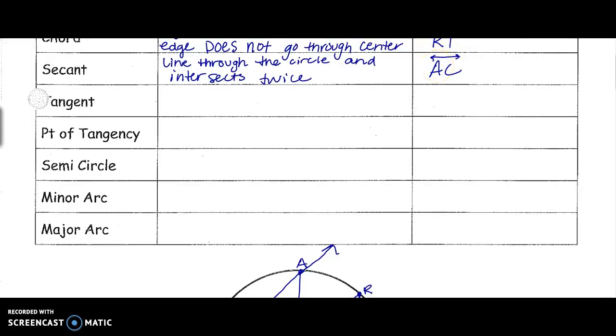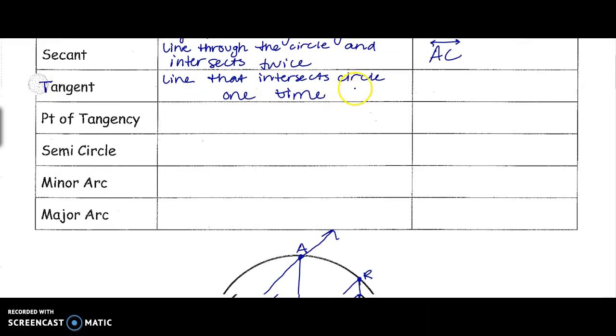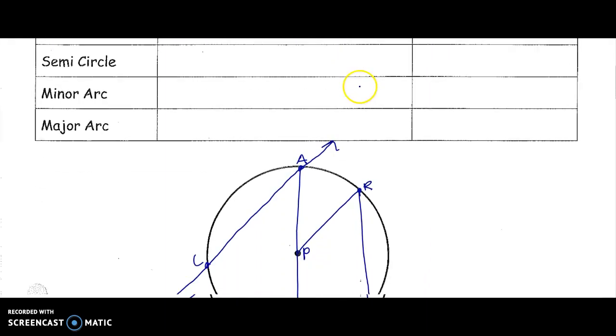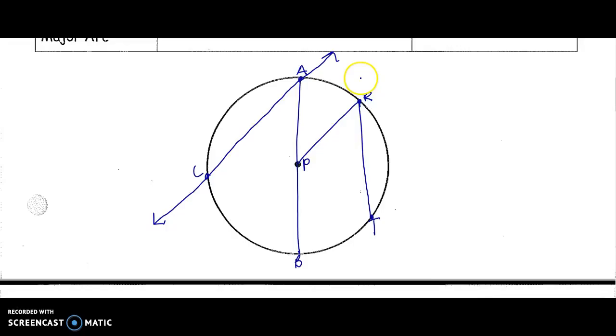Secant and tangent are very similar because they're both lines, but this is a line that intersects the circle only once, which is the tangent. Okay, it's a line that intersects the circle only once. So we're going to go a line at T. So this line does not go through the circle, but it only touches the circle at one point.